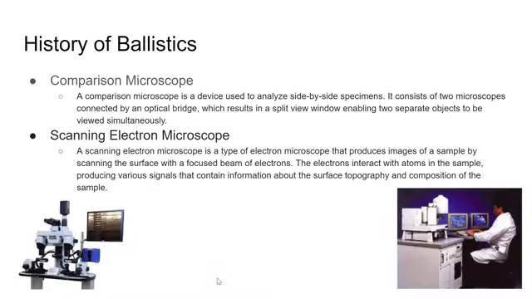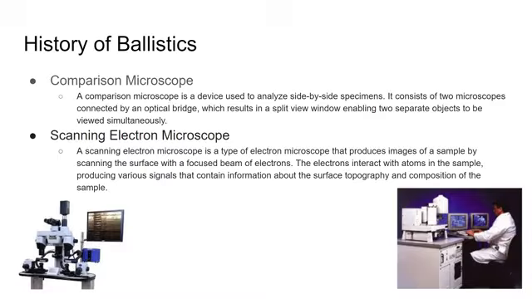So a little bit more about the comparison microscope and the scanning electron microscope. The comparison microscope is the one you see down here on the left side of your screen. The scanning electron microscope is this whole desk setup over here on the right-hand side of your screen. A comparison microscope is a device used to analyze side-by-side specimens. It consists of two microscopes connected by an optical bridge, which results in a split view window enabling two separate objects to be viewed simultaneously.